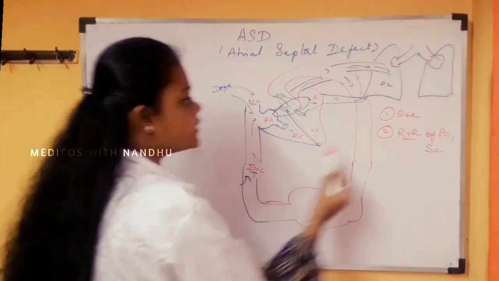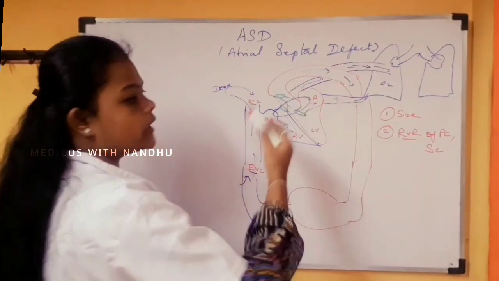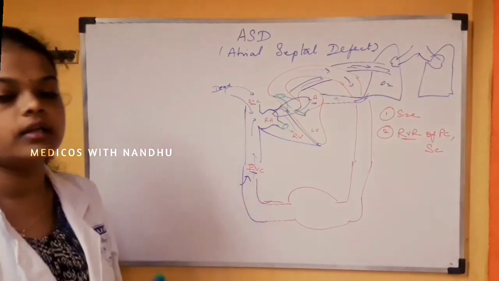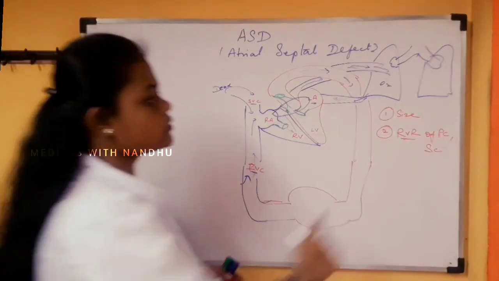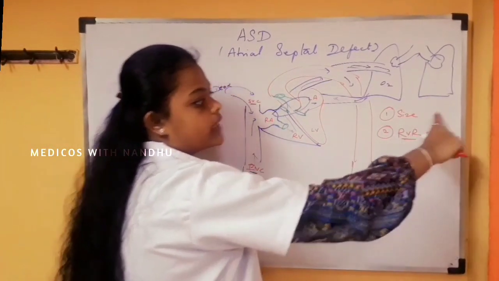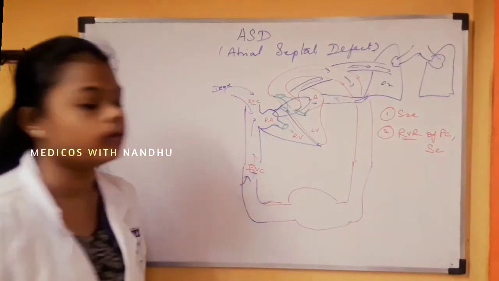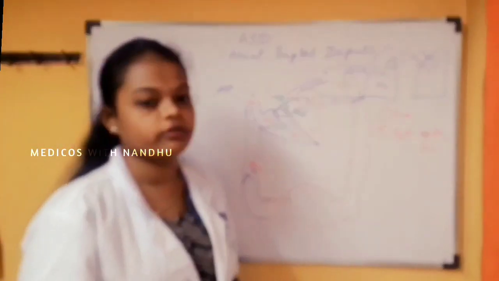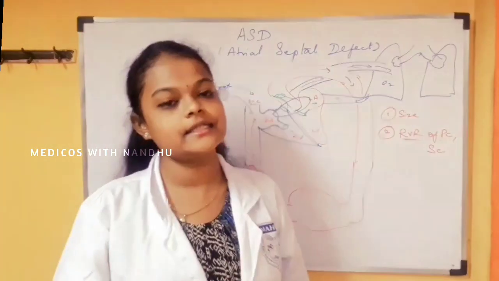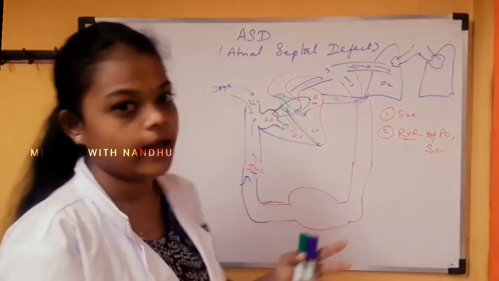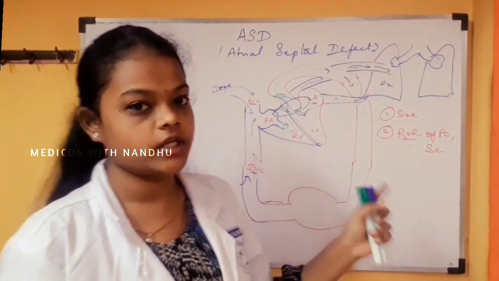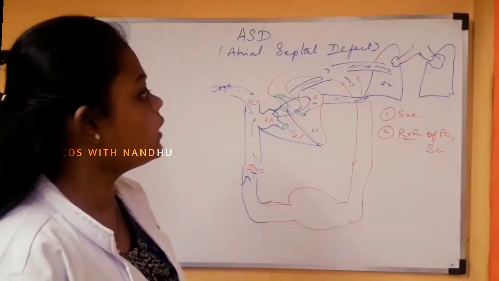So there can be a reversal of the shunt as well. So the shunt depends on the size of the defect and the relative vascular resistance of the pulmonary and systemic circulation.